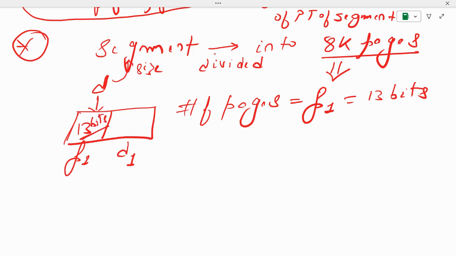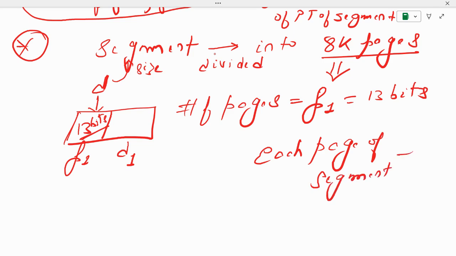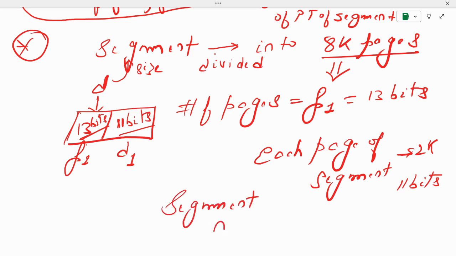Now each page of each segment has 2K entries. Now 2K entries means 11 bits are used to represent the page offset. So each page has a page offset of 11 bits. So D1 becomes 11 bits, right? And the segment number means altogether how many segments are present in the LAS.